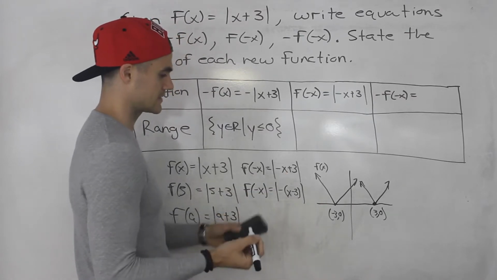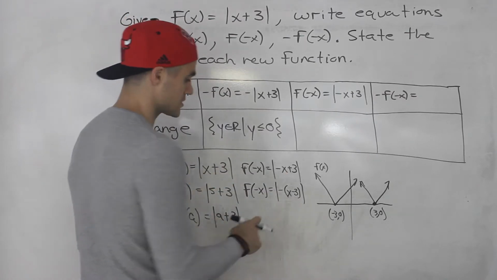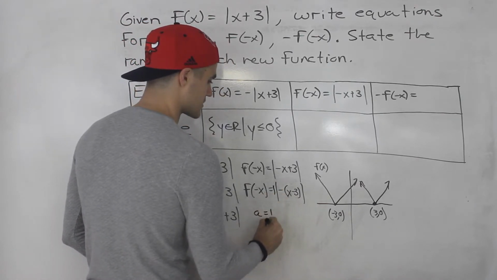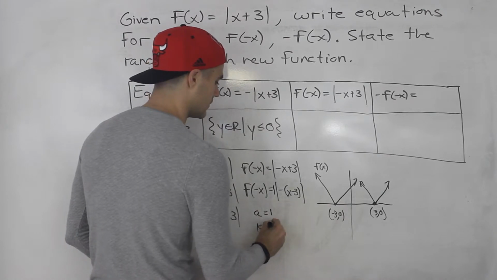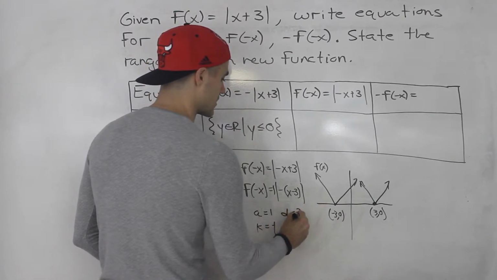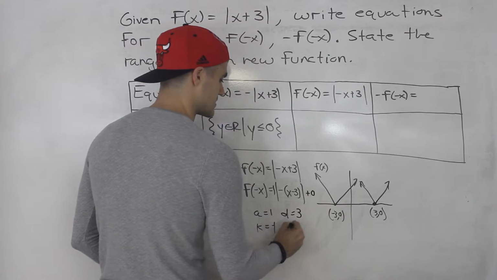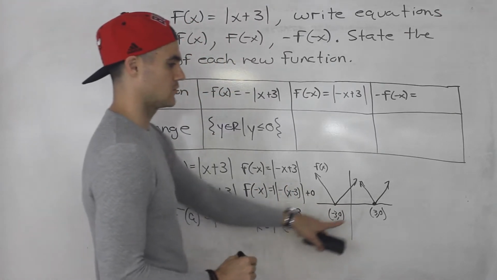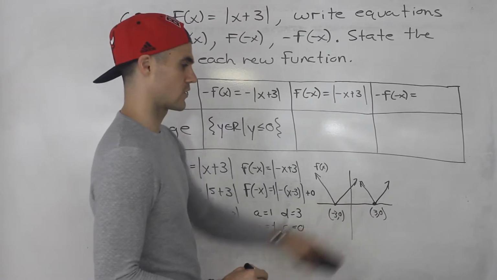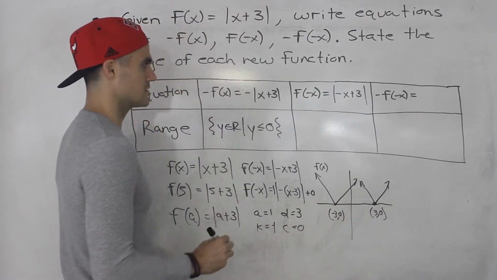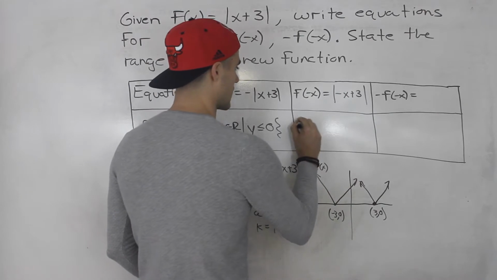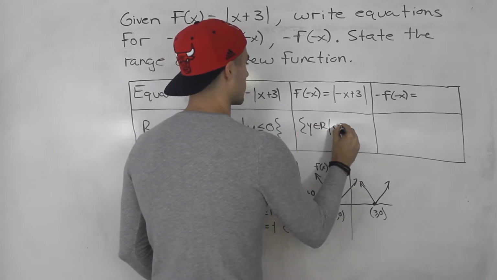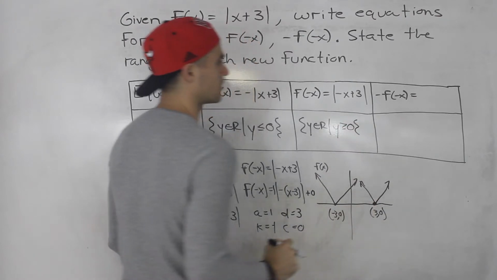And if you wanted to map it, notice that the a value is positive 1, the k value is negative 1, the d value is 3, and the c value is 0. You could take the absolute value of x, put it through mapping, and you would end up with that graph right there. Okay, so the range for this graph is y greater than or equal to 0, because now it's pointing up.